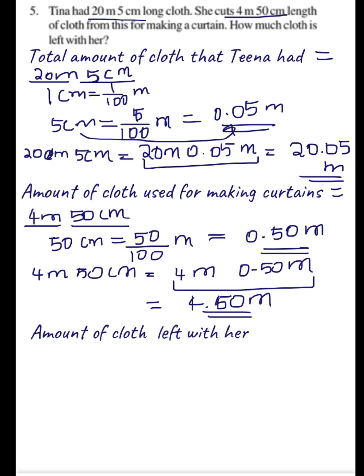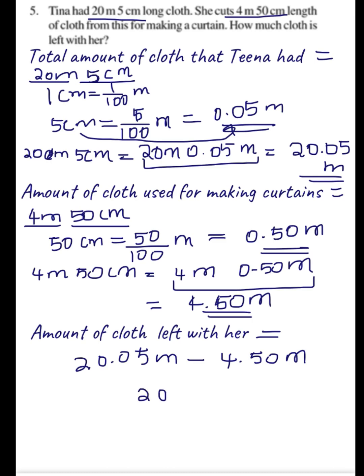Now the question is how much cloth is left with her. So the amount of cloth left with her will be equal to the total amount of cloth that Tina had minus the amount of cloth used for making curtains. That is, 20.05 meter minus 4.50 meter.